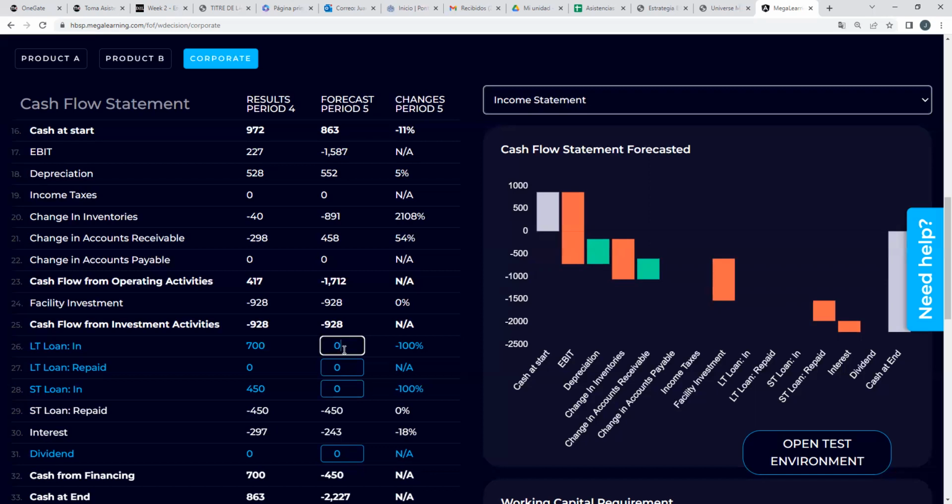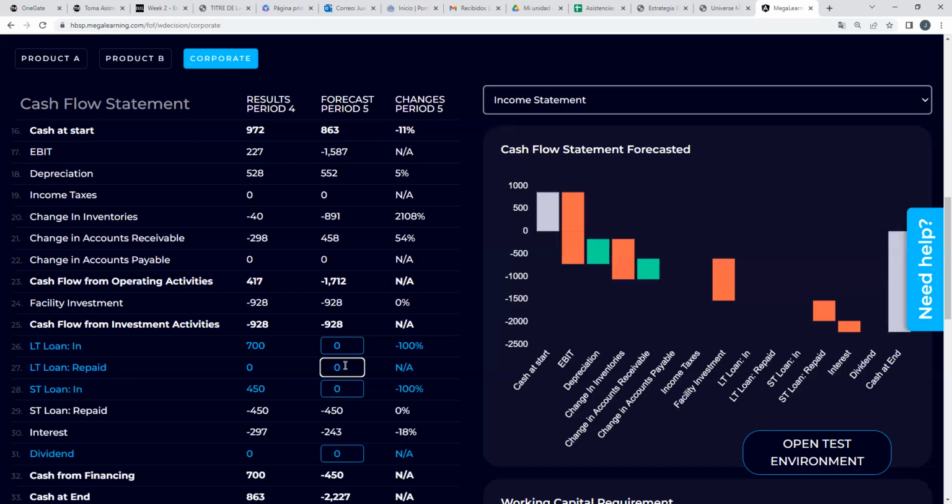Repay means that if you put money here, you are trying to decrease that long-term loan that, remember, in one slide says that you have like $4,250 in long-term debt. So you can ask for more or repay, trying to reduce the debt.